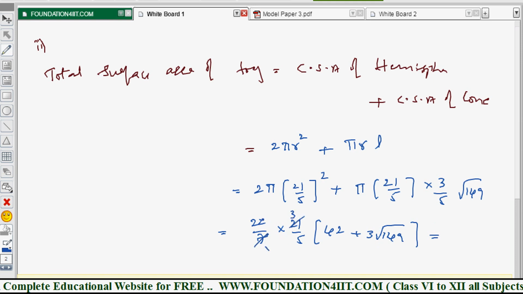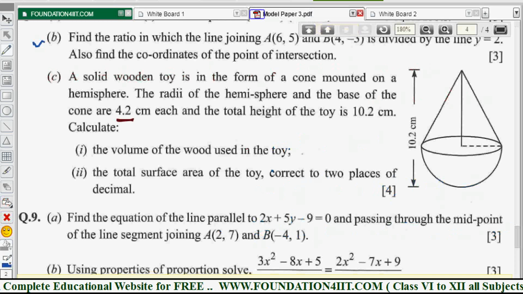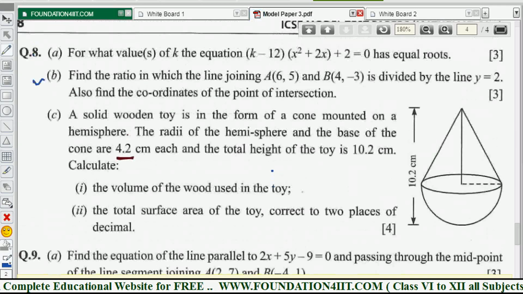So 22 into 3 by 5 into 42 plus 3 square root of 149. Finally we get 207.56 square centimeters. I used a calculator for this, so this is the answer we get. You can check the calculations also. This is about the 8th one.